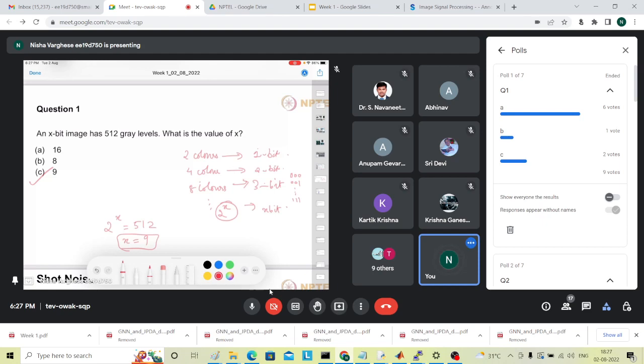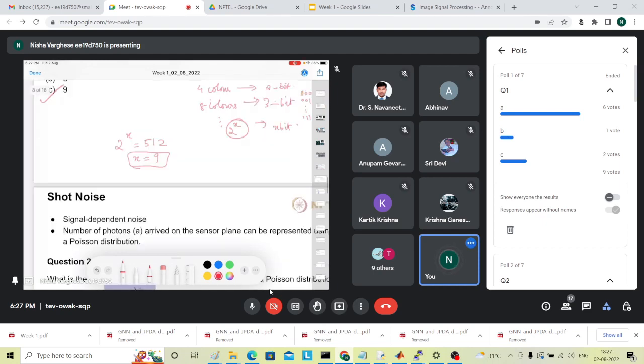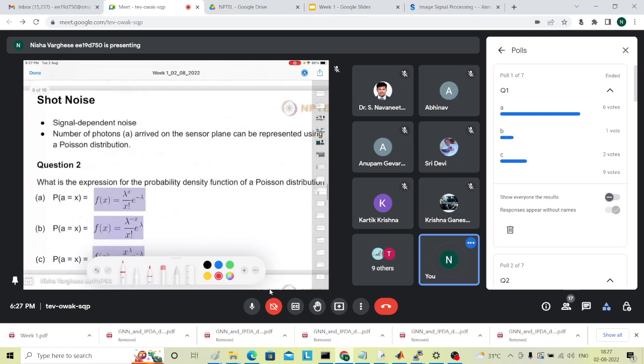So we can go through the next topic, shot noise. Shot noise explains the low light noise. Shot noise is a signal dependent noise, and it is due to the uncertainty of the arrival of photons to the image sensor.